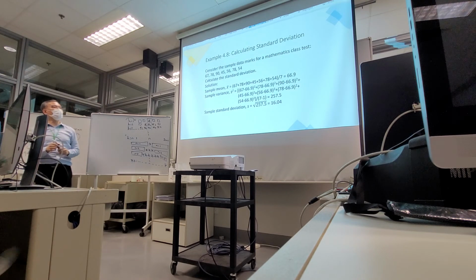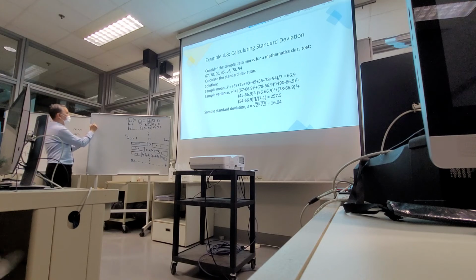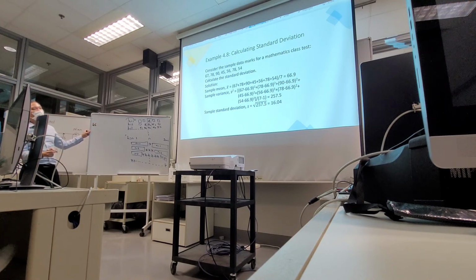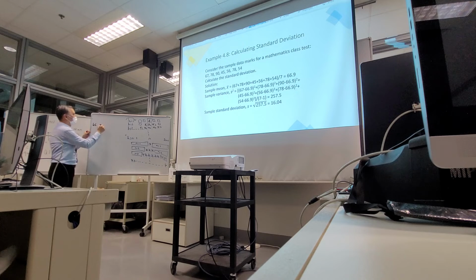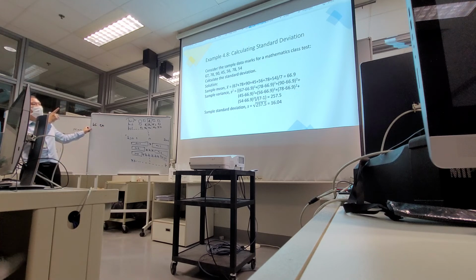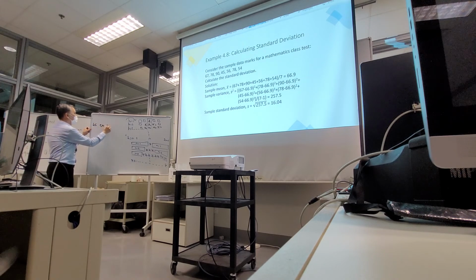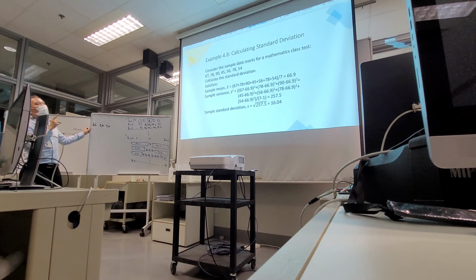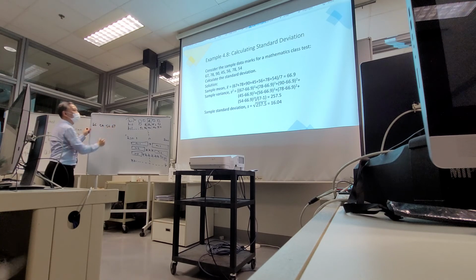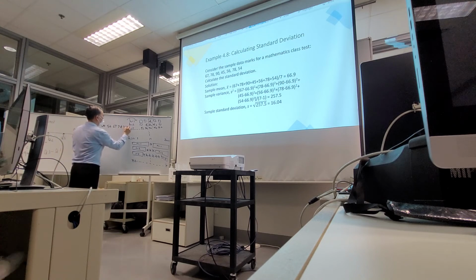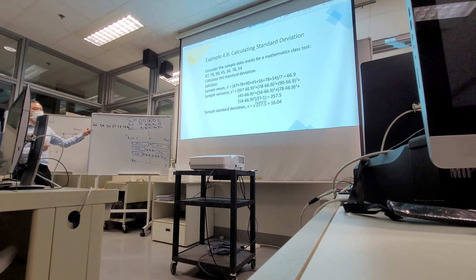So what is the smallest number? 45, followed by 54, then 54, 56, 67, 78, 78, two times 78, and 90. So that's my sorted data, right?